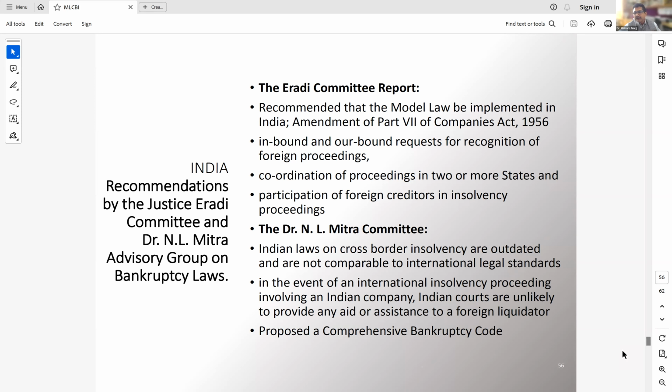Those were the times when the government had taken a decision to do away with SICA and BIFR and constitute the NCLT. So BIFR and SICA were to be repealed in 2001, and simultaneously in 2002 the NCLT had to be established.